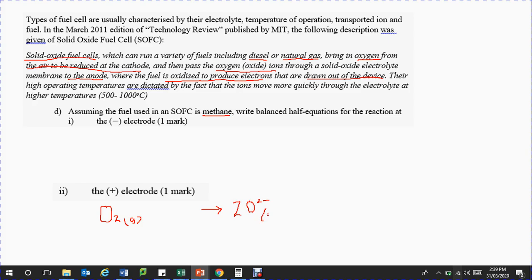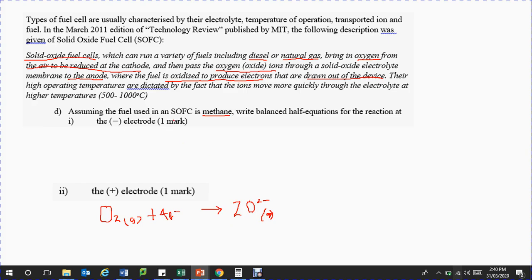Then we need to balance out the electrons. It has 4 negative charges, so it has gained 4 electrons. That is my reaction at my cathode.